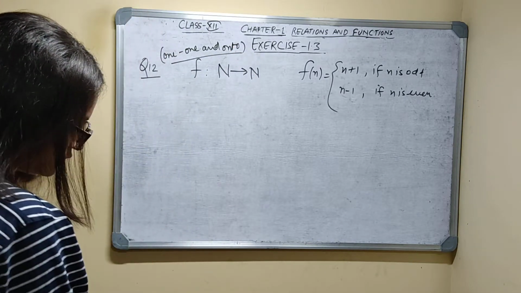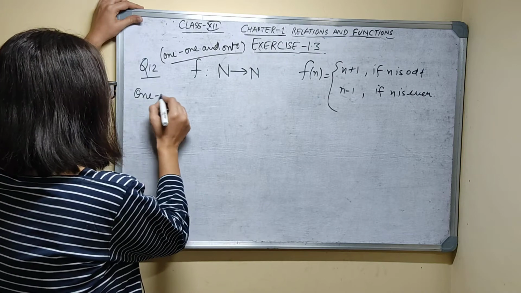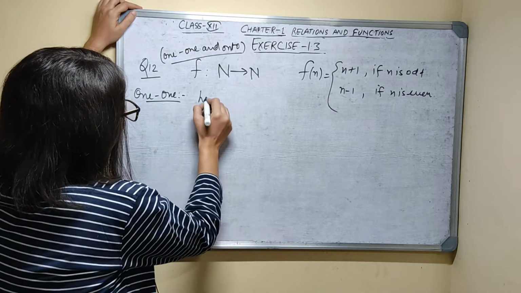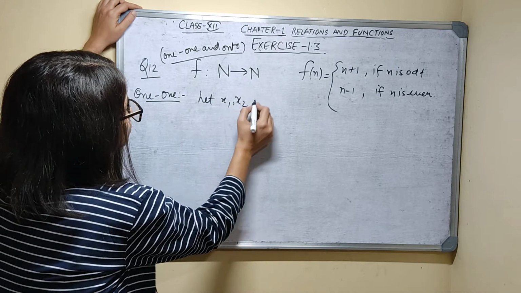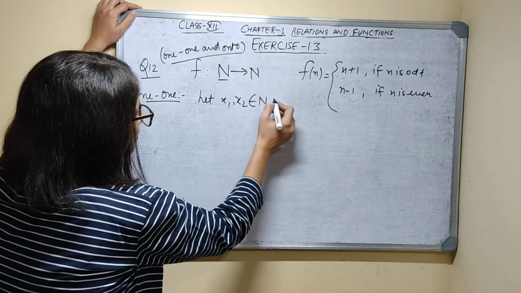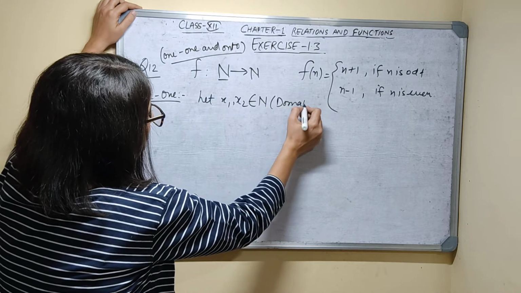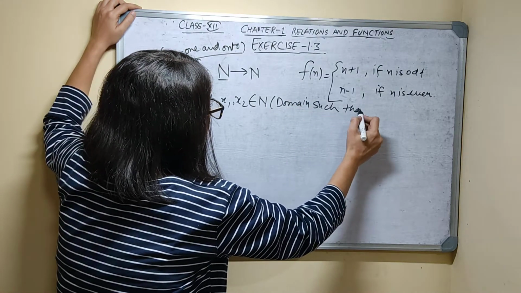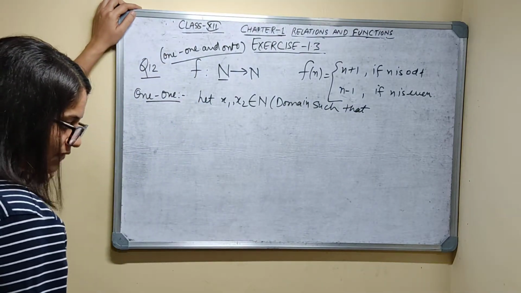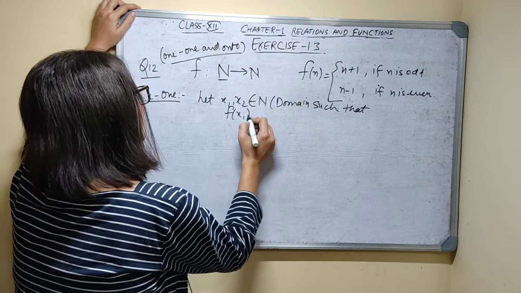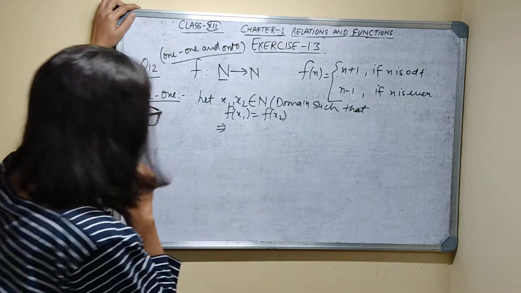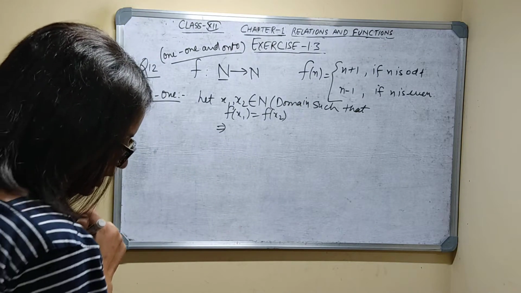Is it clear? So first I will prove one-one. Let x1 comma x2 belong to N, natural numbers from the domain, such that f of x1 is equal to f of x2.